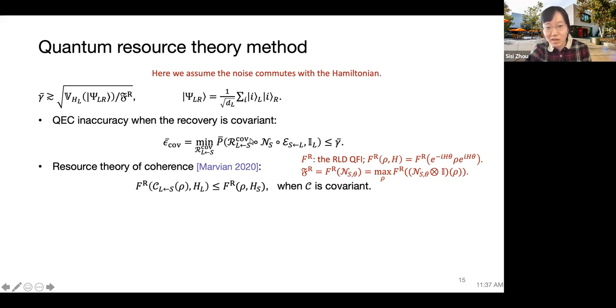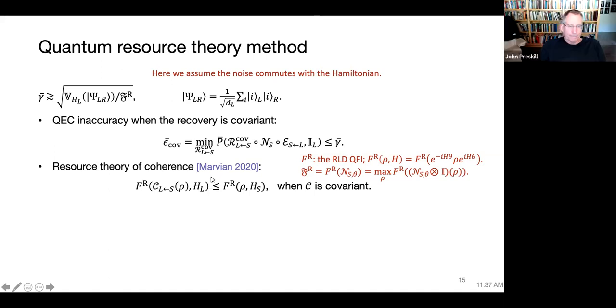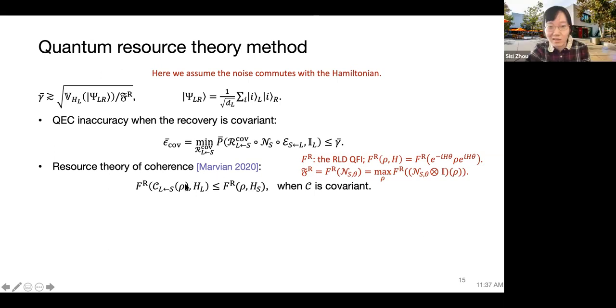So after the recovery, the coherence measure is going to decrease. And using this different type of monotonicity, we can get a trade-off relation between delta and epsilon.